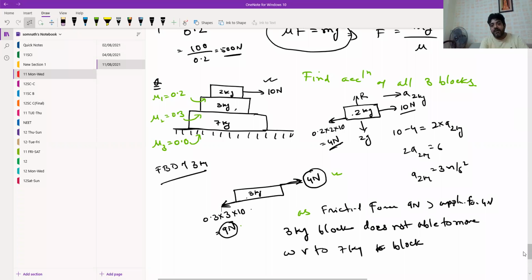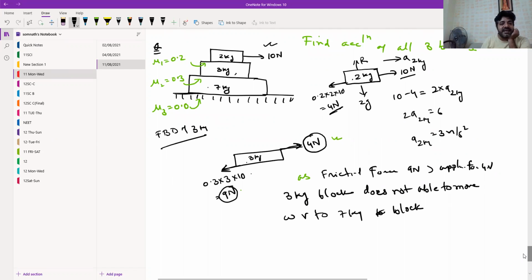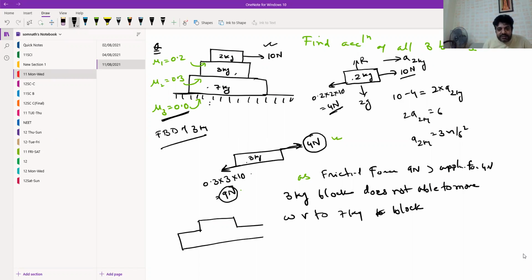And if you look carefully, between the 7 kg and the ground it is frictionless. As the ground is given as frictionless, the 3 kg block with respect to the 7 kg block is not able to move, but they can move together due to the 4 Newton force, because my ground is frictionless, right?